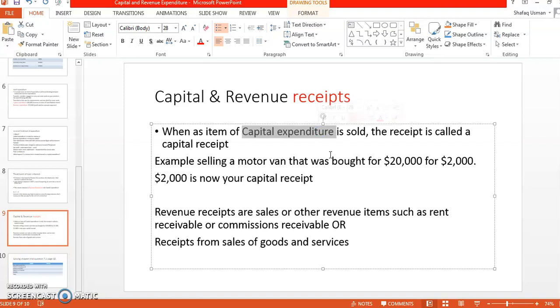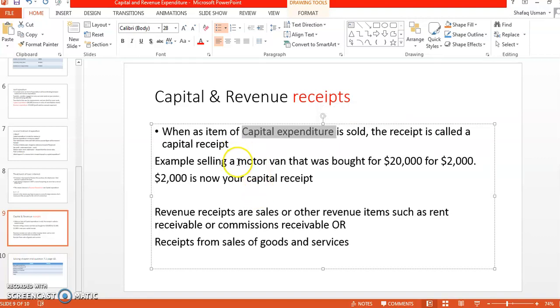Basically, whatever you are spending as capital expenditure, that means whatever you are buying as assets or increasing the value of your assets, on selling them, the money that you get back is called a capital receipt, because this is the receipt you got because of the capital expenditure you had done earlier.